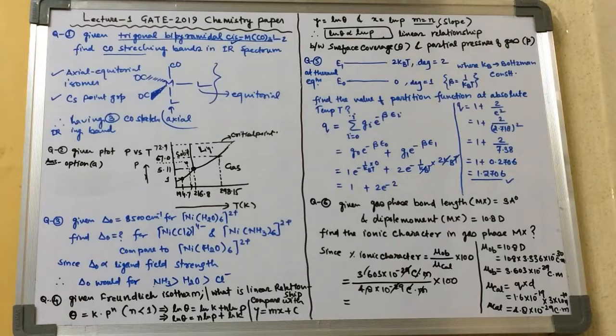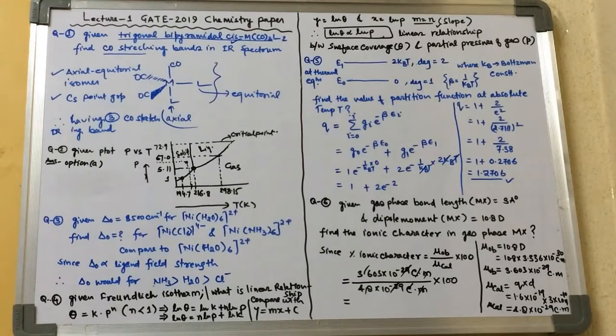Now question number 3. The third question is saying the delta zero value of this complex, nickel water complex, is given as 8500 centimeter inverse.